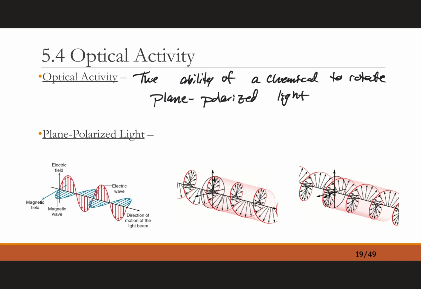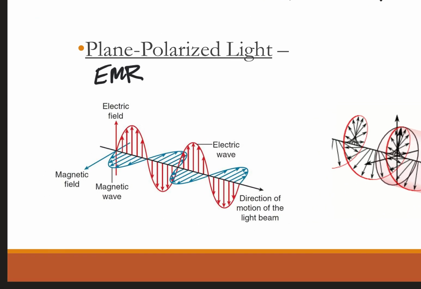Well, what is plane polarized light? Okay, light, also known as electromagnetic radiation, is an oscillation of perpendicular electrical fields, or really electrical waves, and magnetic waves.